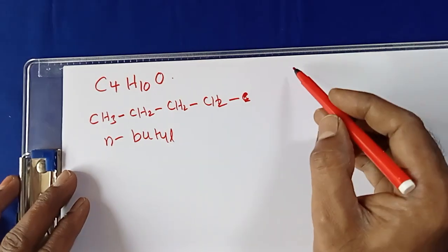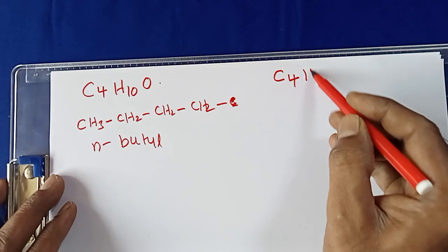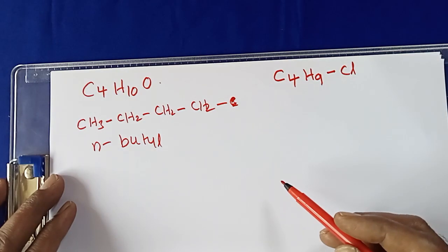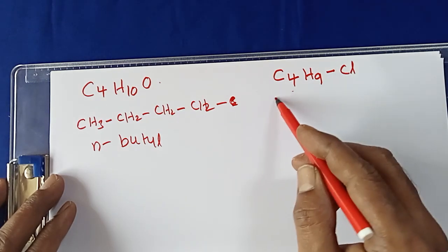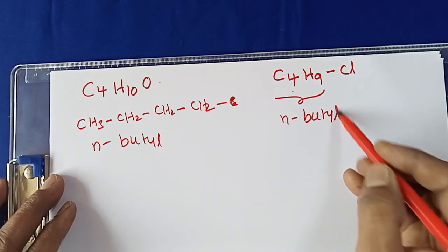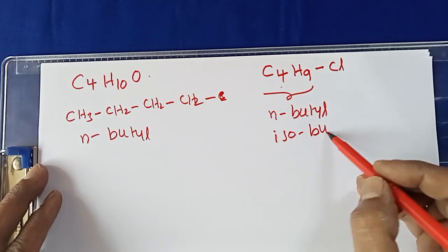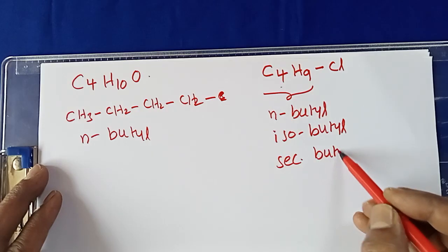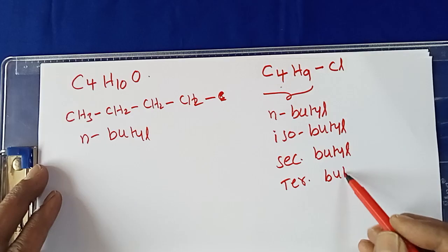So instead of this molecular formula, I can use C4H9Cl also, same trick used. C4H9 means 4 carbon alkyl. Here also what you can use? One time N-butyl, another time isobutyl, next secondary butyl, next tertiary butyl.